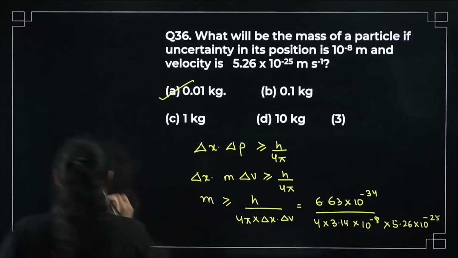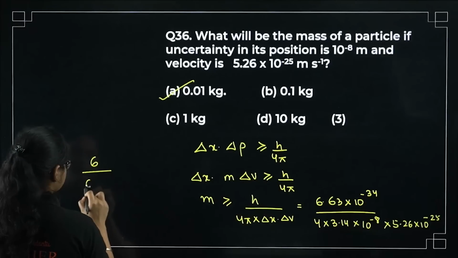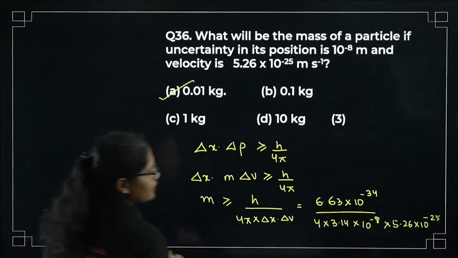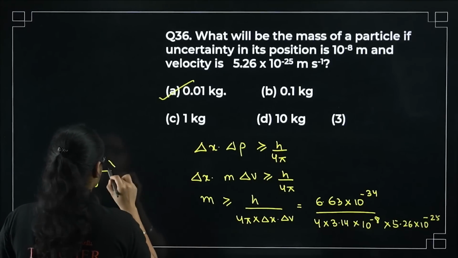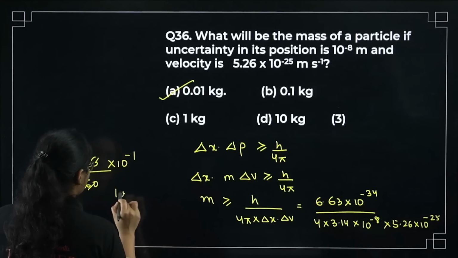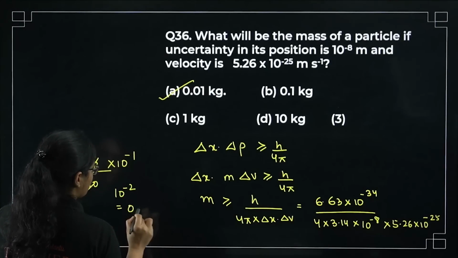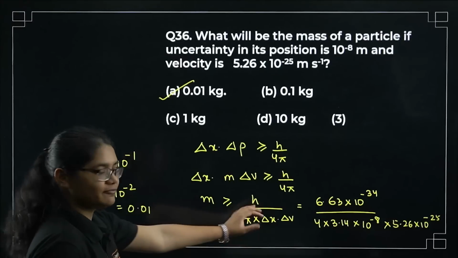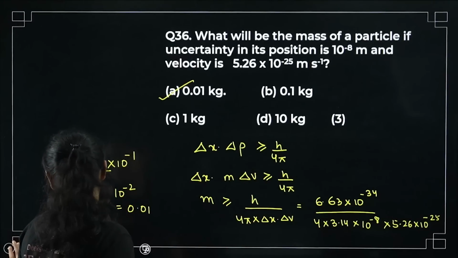I can say like this, I will just do rough calculation, 6 by 60, then I have 10 to the power of minus 1 here, so this one will give me 10 to the power of minus 2, so 0.01. Okay, you can do a rough calculation, you will be getting the answer around this one.